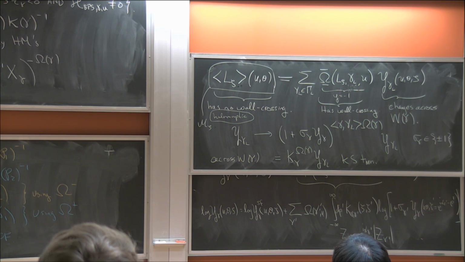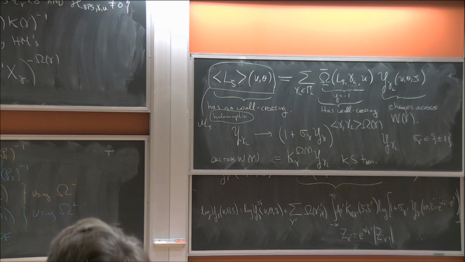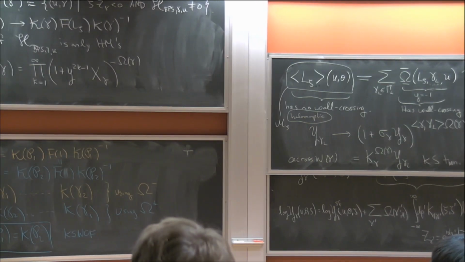What am I doing here? I'm quantizing the holomorphic functions. So I think of these X gammas as quantizations of the Y gammas in a deformation quantization of the hyperkahler moduli space. It's a holomorphic symplectic manifold. I can quantize it. These are the deformations.